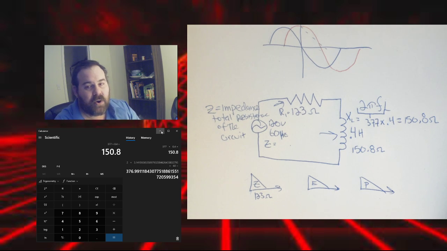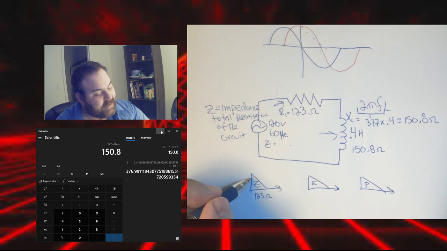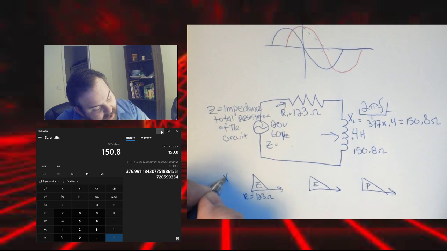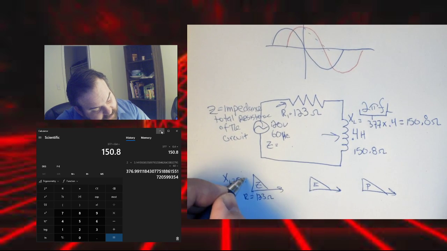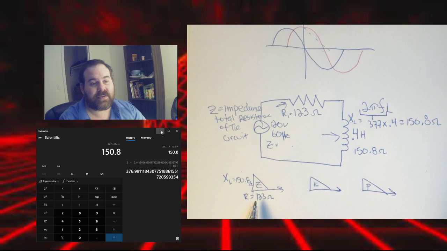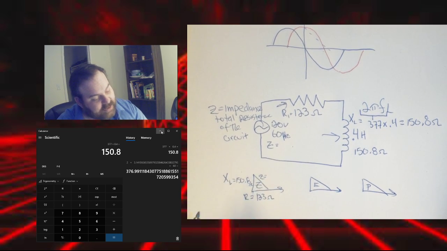Reactance is always the straight line side. So R equals 123, X of L equals 150.8, and they're both in ohms, ohmic values. So now we just have to solve for this side. This side is going to be Z, the total impedance of the circuit.